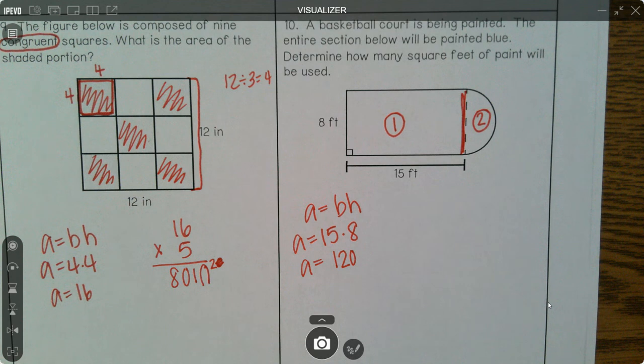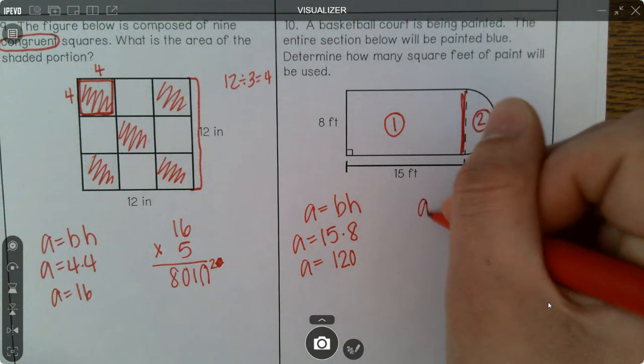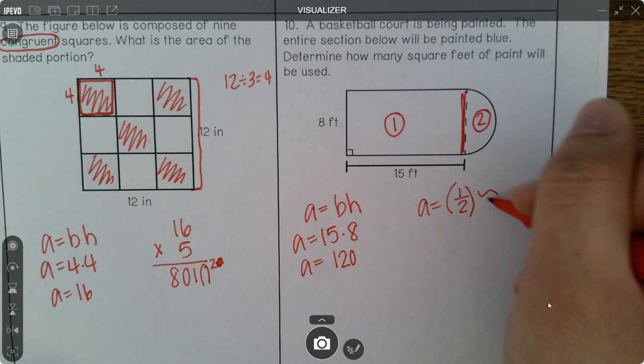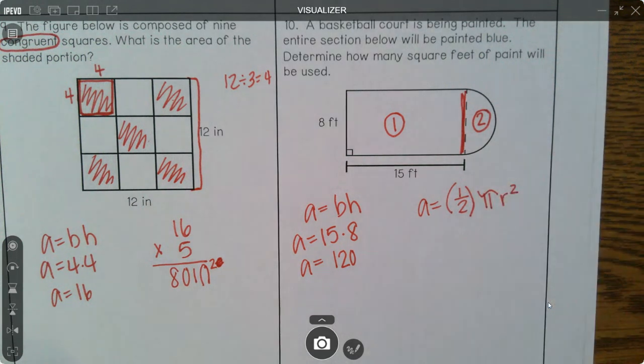What is figure 2? It is half of a circle. Okay, so if I'm finding area of a circle, but not the area of a full circle, what's the formula going to be if I'm finding the area of half of a circle? It's actually going to be A equals 1/2 pi r squared.